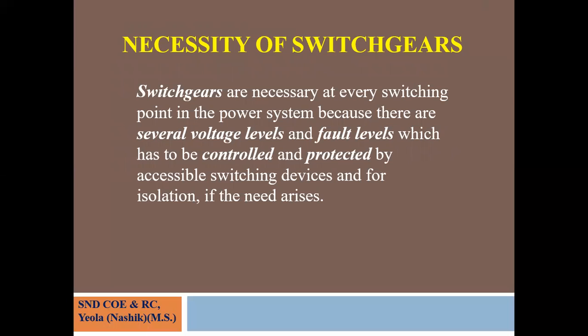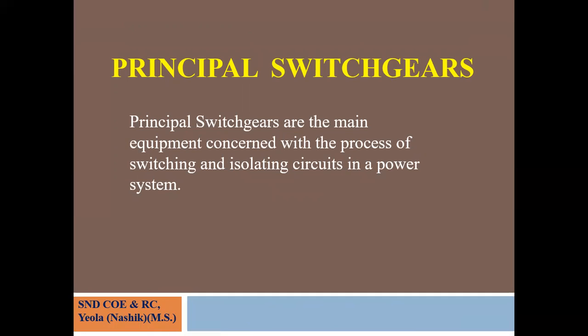Necessity of switchgears. Switchgears are necessary at every switching point in the power system because there are several voltage levels and fault levels which have to be controlled and protected by accessible switching devices, and for isolation if the need arises. Principal switchgears.